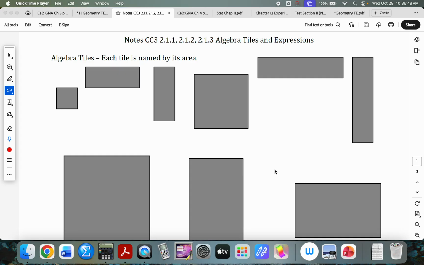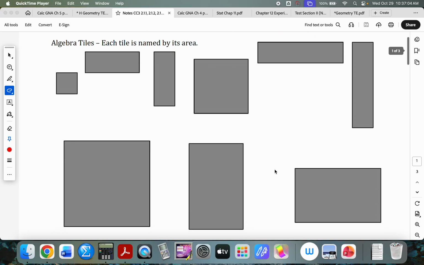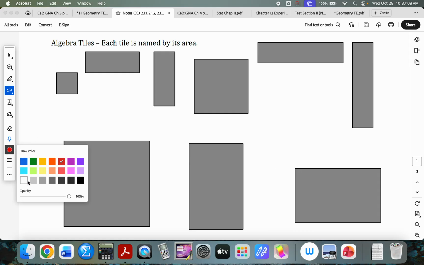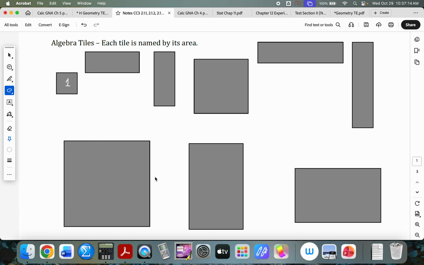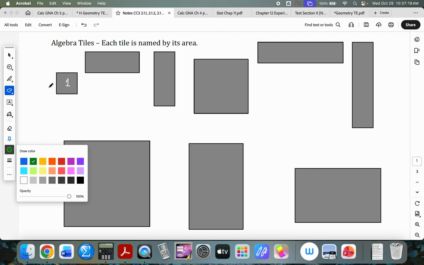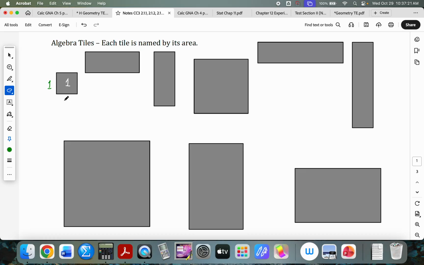So we're going to be working with algebra tiles, and you'll actually get to use them in just a little bit. But when you have algebra tiles, each one of them is named by its area. So, for example, here, this is 1, because every single side is 1. This side is 1, this side is 1, this side is 1, this side is 1.